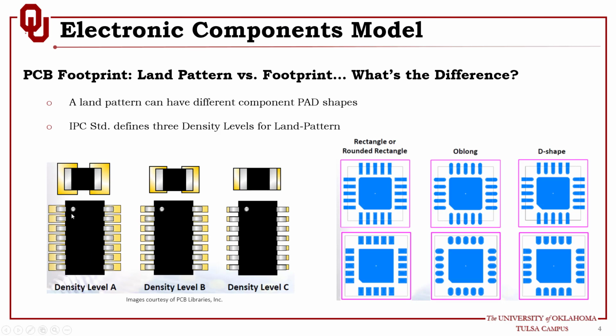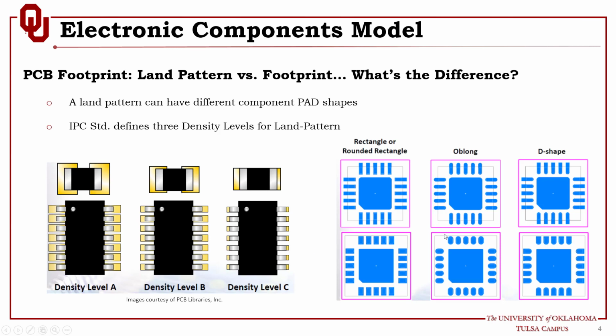It's a 14 pin. So density level A, you can see these pads are wider or bigger than the footprint leads. If you go to density level B, they are a little bit bigger, but if you go to density level C, they are just slightly bigger to provide enough solderability on the PCB.